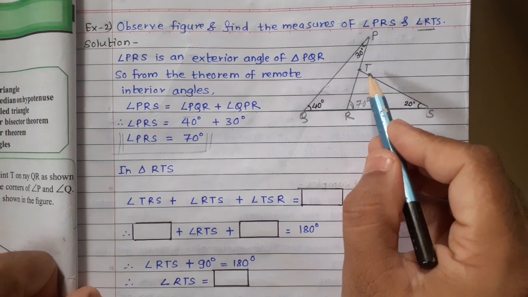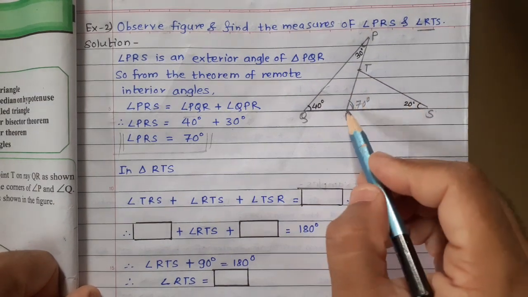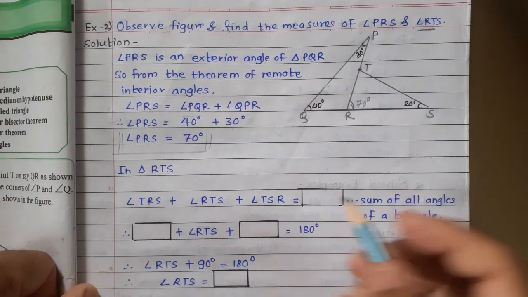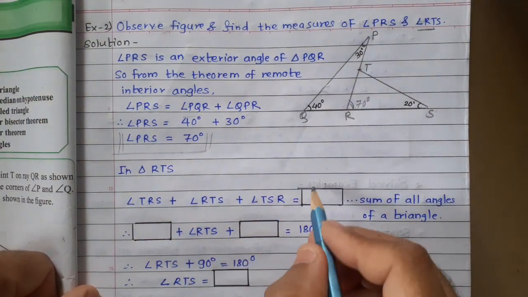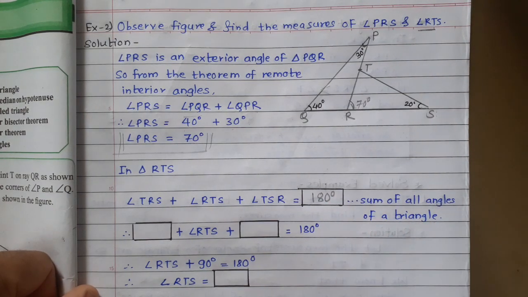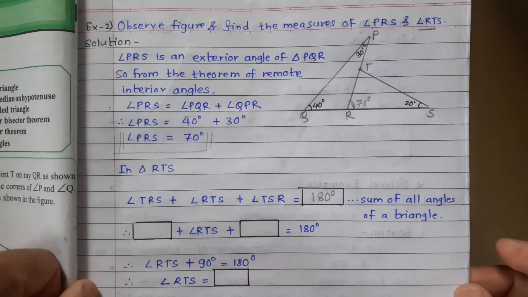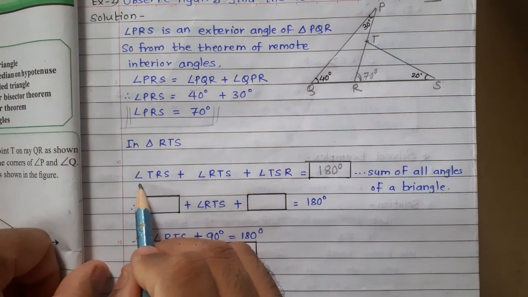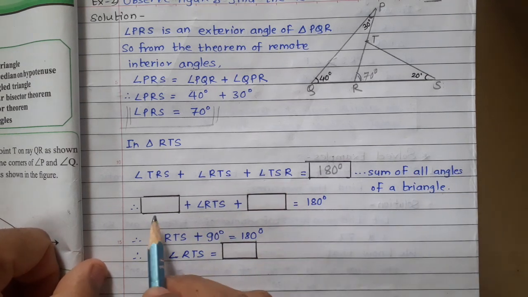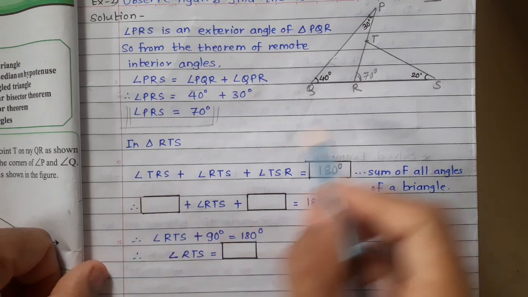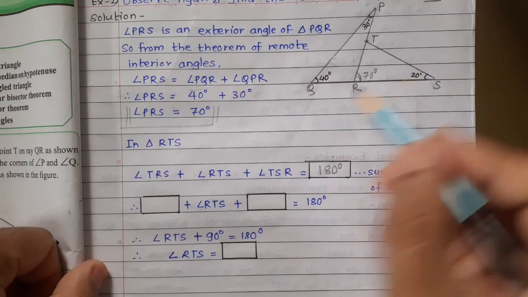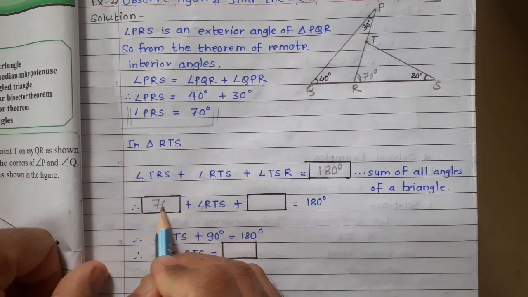So we can write angle TRS plus angle RTS plus angle TSR is 180 degree. Here measure of angle TRS is 70 degree, because PRS is 70 degree, then we can write TRS is also 70 degree.